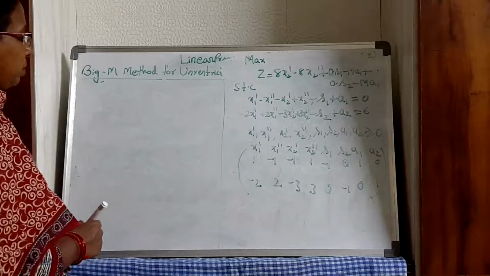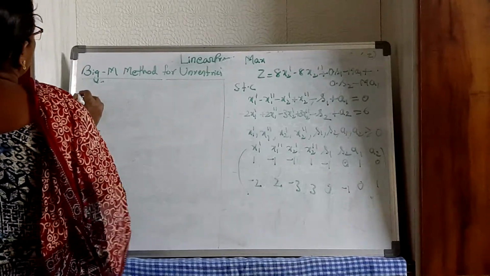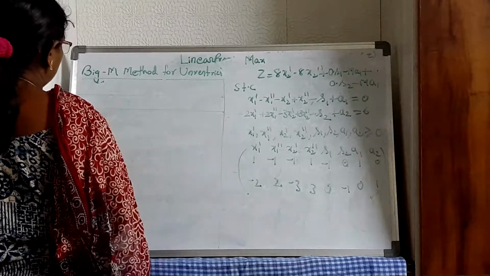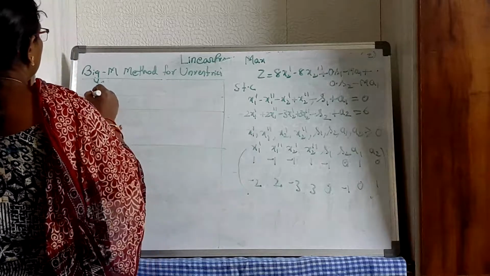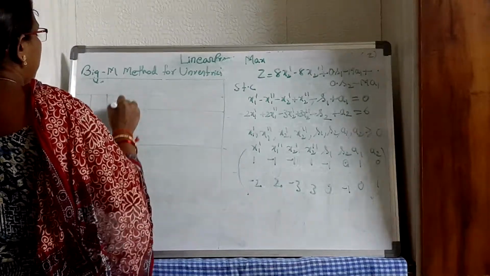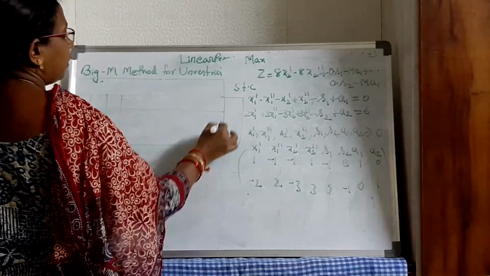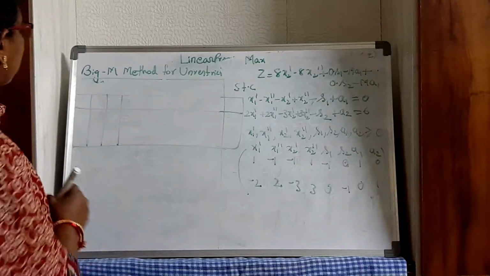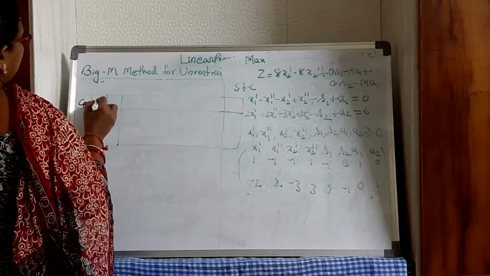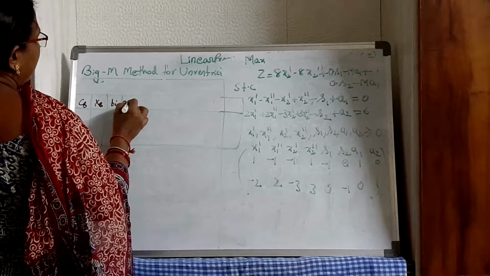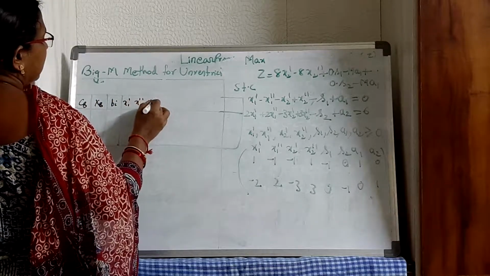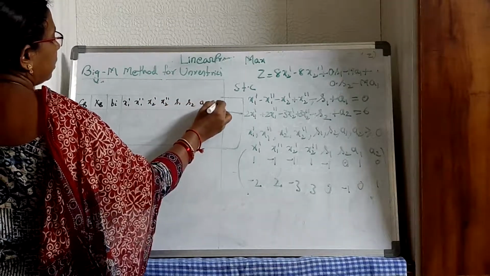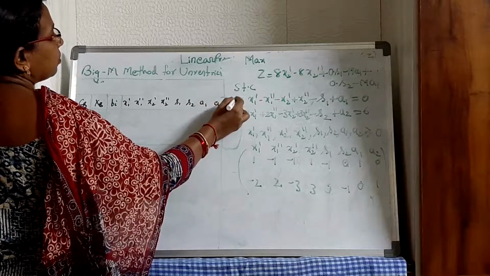So draw the simplex table. This is CB, XB, BI, x1', x1'', x2', x2'', S1, S2, A1, A2, and this is the ratio.